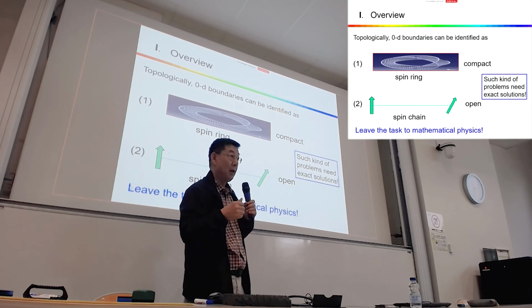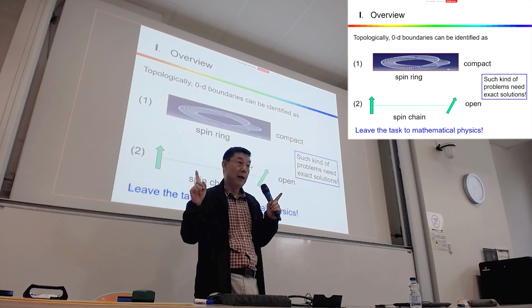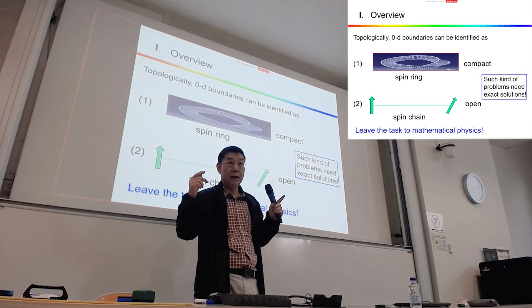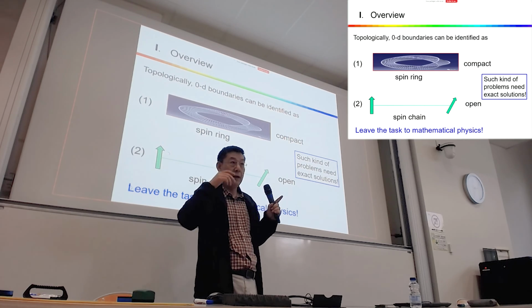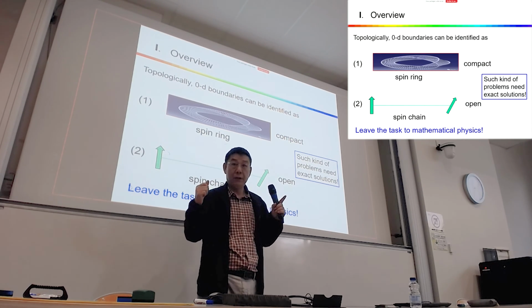The second one is open boundaries, and the boundaries may be non-diagonal. Those boundary conditions may destroy the U(1) symmetry, which makes the traditional Bethe ansatz procedure very difficult.